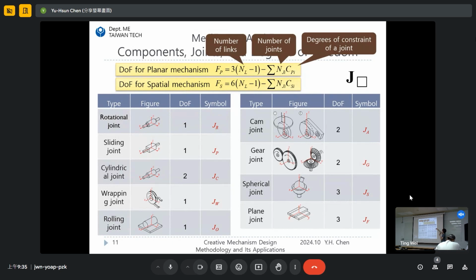They are the parameters we have to consider, and then we can determine the degrees of freedom of the whole mechanism.